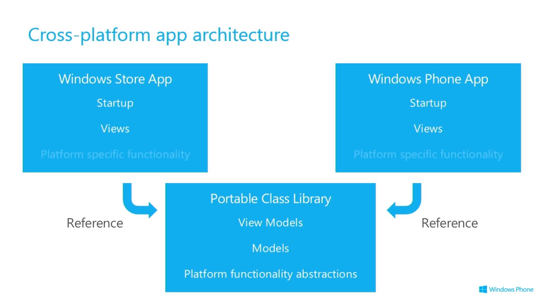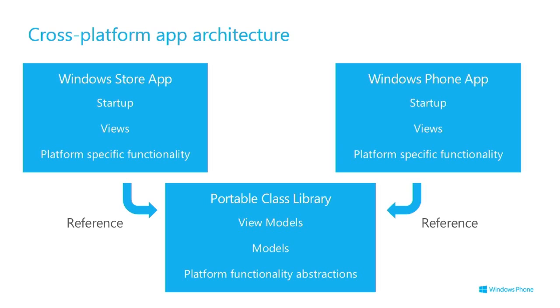You're also going to have platform functionality abstractions. So we'll talk a little about this. There's a lot of similarity between some of the things that happen in a Windows Store app and a Windows Phone app, but there are differences in implementation quite often.